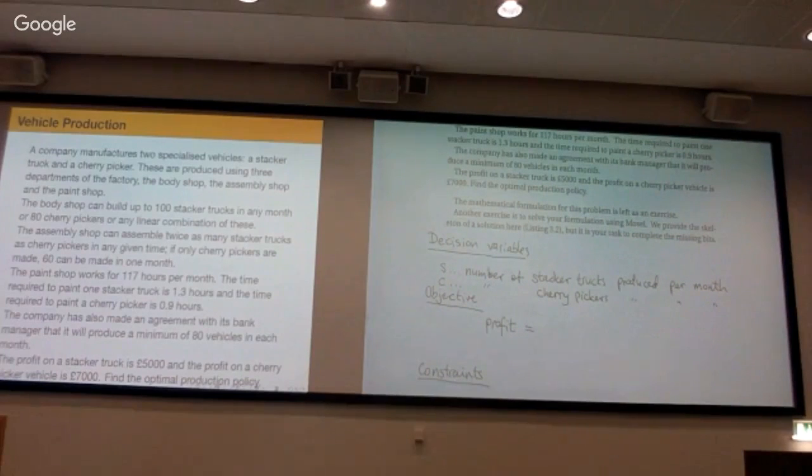Okay, stop asking if it's too simple. Well, 5,000 times S plus 7,000 times C, because each stacker truck gives you £5,000 profit, and each cherry picker gives you £7,000 profit. So you're producing S of the one and C of the other. This is what your profit is going to be.